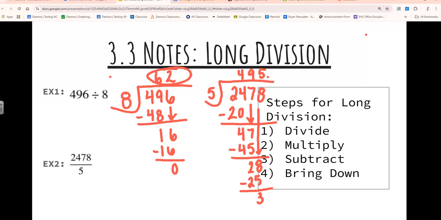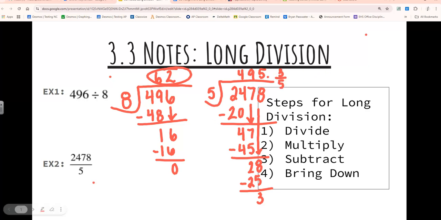For what we're going to be doing, this is the remainder, and I'm dividing by 5. So another way that we can do this, and I don't even know if you did it like this in 4th, 5th grade or not, but that remainder, you could put it over what you're dividing by.